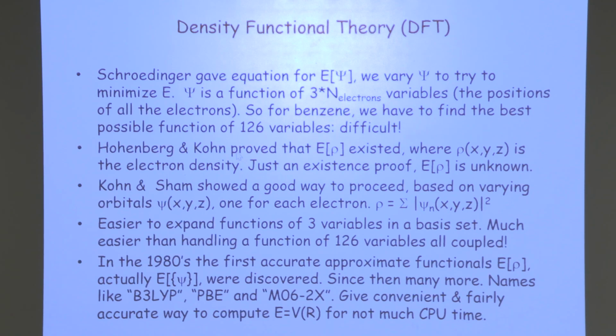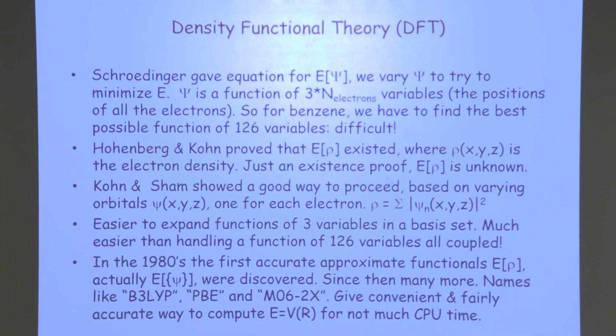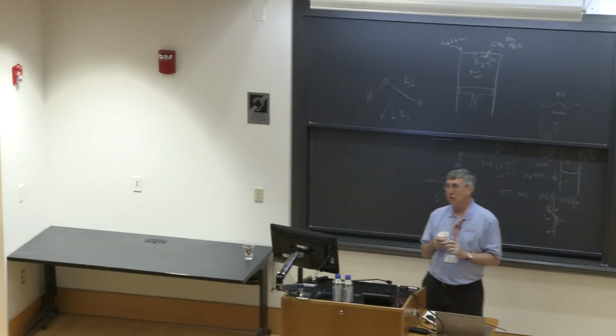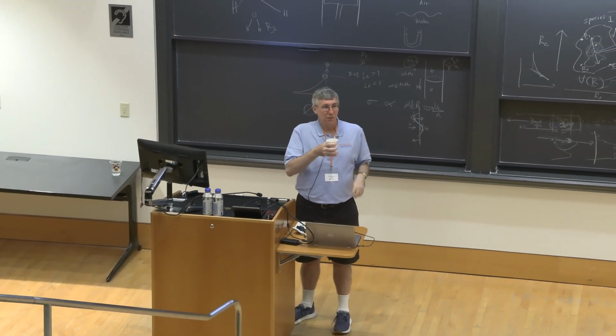However, unfortunately, Hohenberg and Kohn's thing was an existence proof. They proved that E of rho existed, but they didn't tell you what it was. This is like the evil thing that mathematicians often do to us.